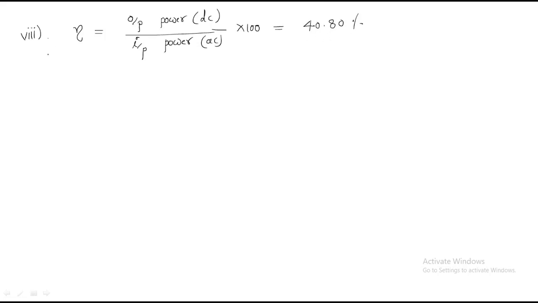And we have another important thing, the last point, the transformer utilization factor, in short TUF. From the name itself, it tells how much of the transformer we are using with respect to its rating.